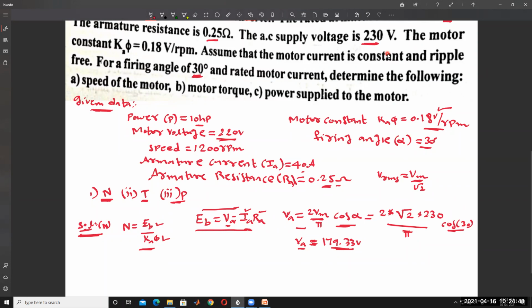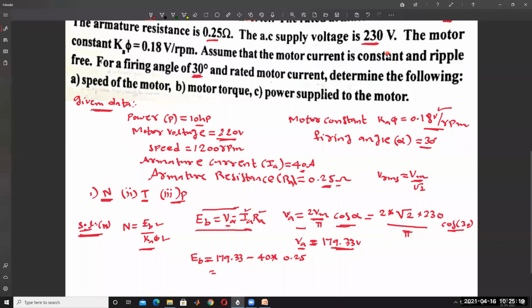So VA is called armature voltage. Substitute in this equation. We'll get EB is equal to VA minus IA into RA, so 179.33 minus armature current 40 into RA 0.25.